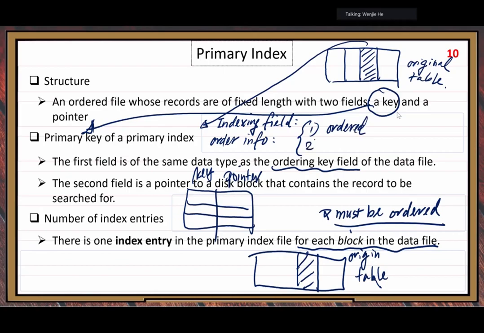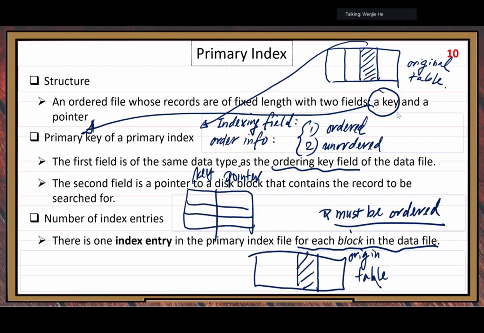The second case, unordered. Based on these two properties, the structure differs, so it is important.